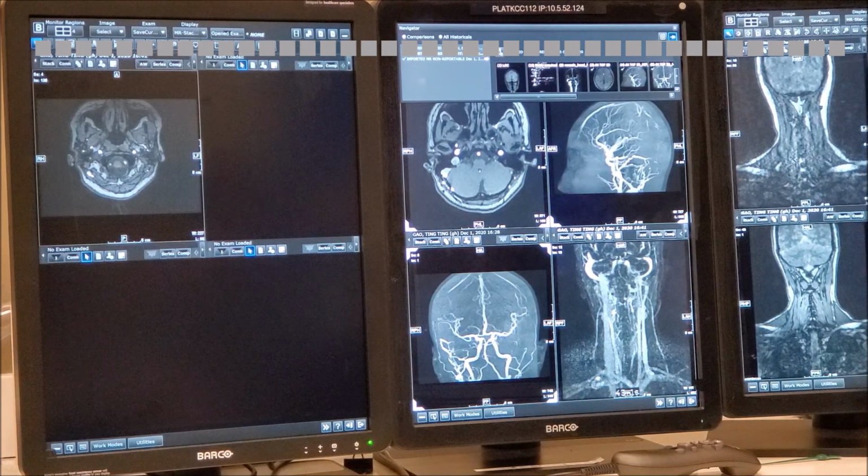Okay, so there is the normal blood supply to the wall of the sinus. That is correct. But something else has to happen for a dural fistula to develop. A lot of people say that's trauma.